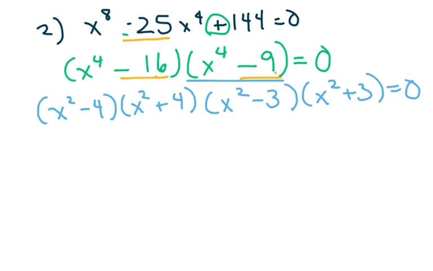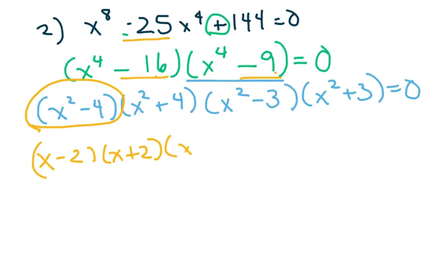Now, the only difference on this one is I can factor this one even more. This would be x minus 2 times x plus 2 times x squared plus 4, and then I just copy the rest down, x squared minus 3 times x squared plus 3.